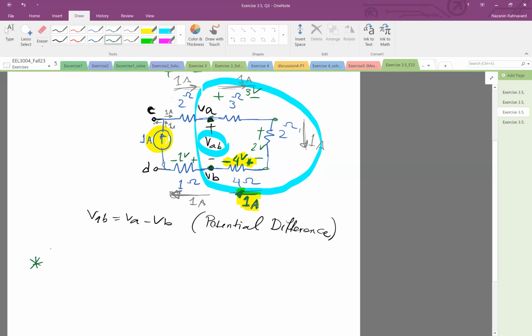This is basically the point of this question. So I start from here going up, negative VAB, and then to the right, plus 3, plus 2, and plus 4 equal to 0. So VAB is 3 plus 2, 5, plus 4, 9 volts.